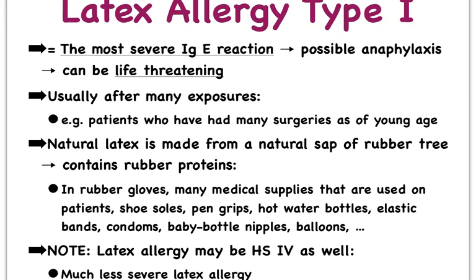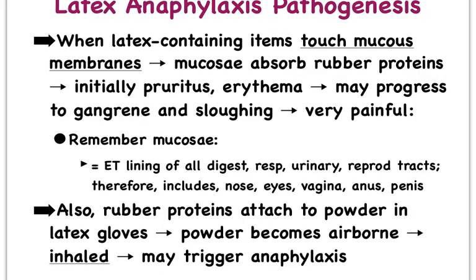So the way this works with regards to the latex anaphylaxis is that somehow the rubber protein in the latex items is going to make it into the mucosa membranes. So the rubber protein in the latex is going to touch the mucosal membranes, and then the rubber proteins can somehow manage to enter into the body.